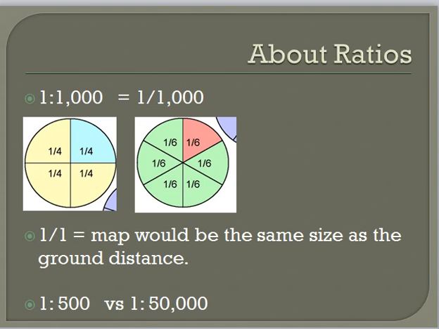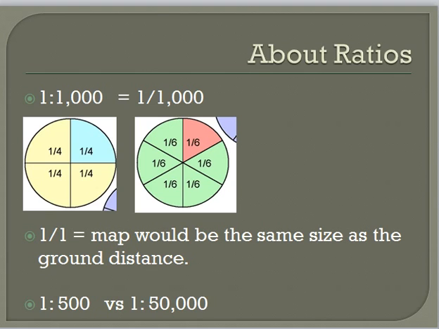This gets a little confusing when we start talking about large scale and small scale. So we're looking at the amount of reduction. If I have a map of 1 to 500 versus a map of 1 to 50,000, the map of 1 to 500 is a much larger fraction.